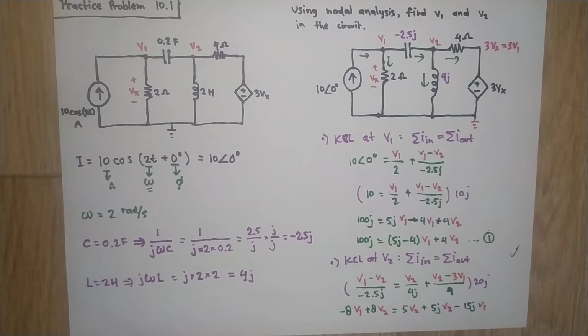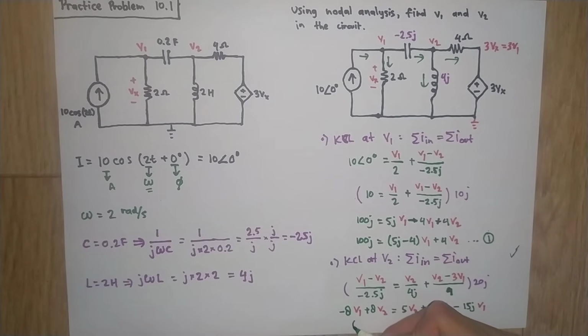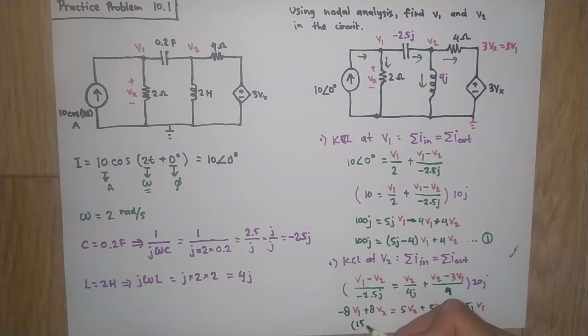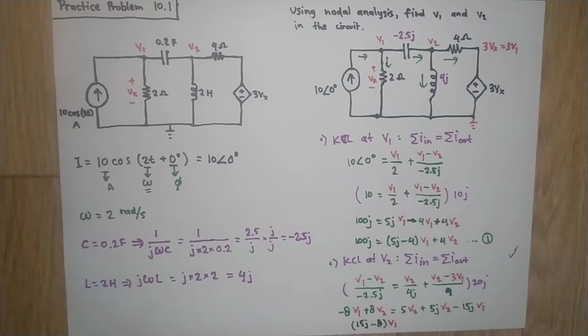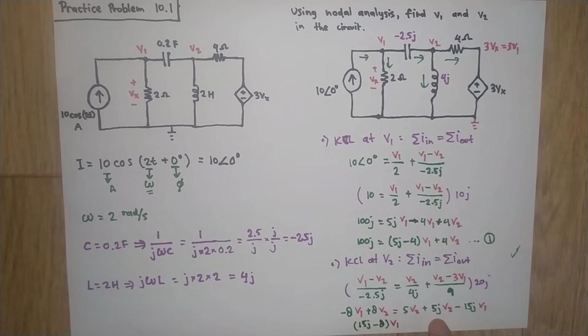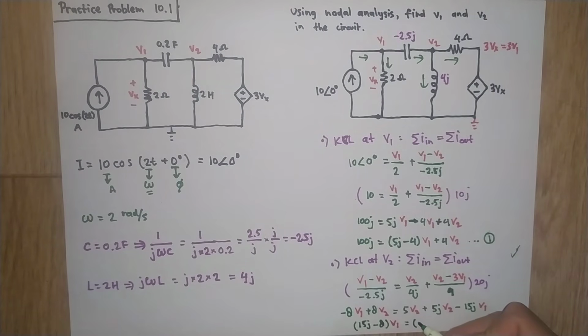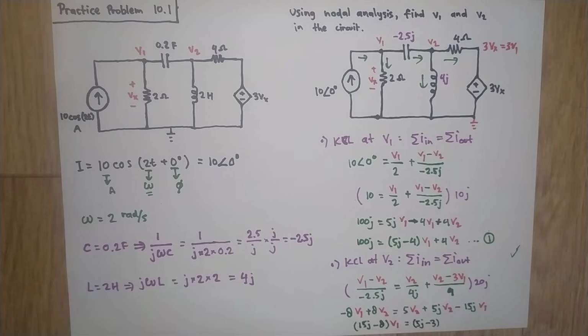Okay, now let's group them all together. So we will have this one, V1 and V1, so I will have 15J minus 8 of V1, and then for all the V2 we'll have 5J plus 5 minus 8 is minus 3, so I will have that equal to 5J minus 3 of V2.